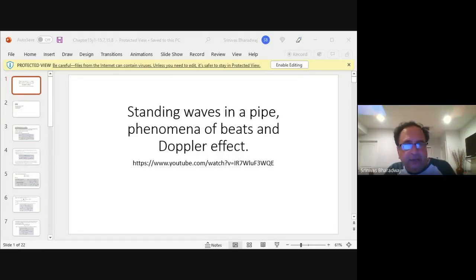So when the frequency changes, the observer, why does this happen? It is because the observer experiences a changed distance. What is the effective distance? That changes. Therefore, you end up with these differences in the speed. So if you have both the source and destination moving, you have V plus or minus V naught divided by V plus or minus Vs. Remember, notice that when the observer is moving towards the source, you have a plus.